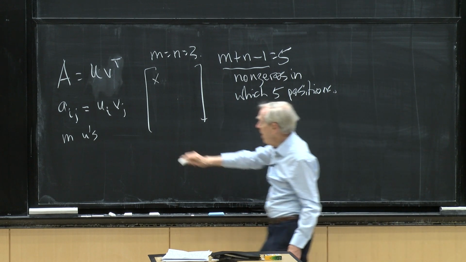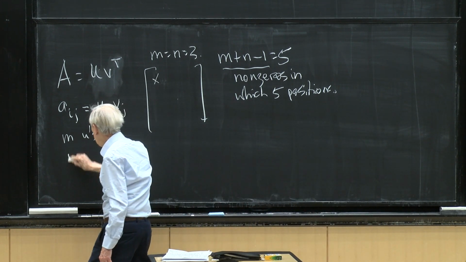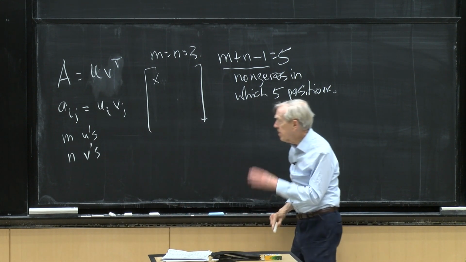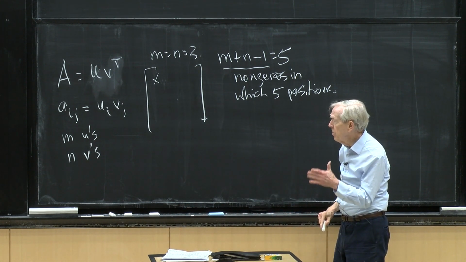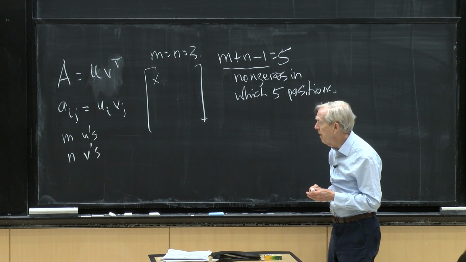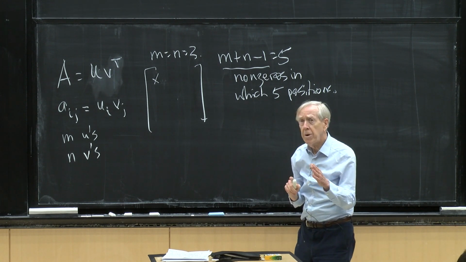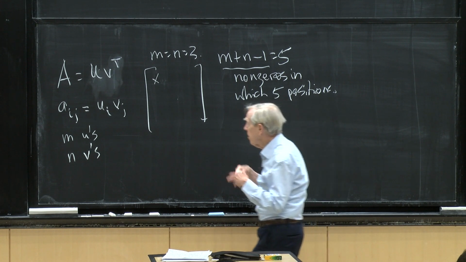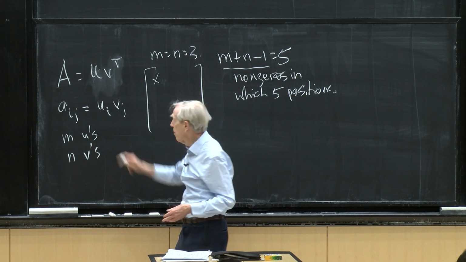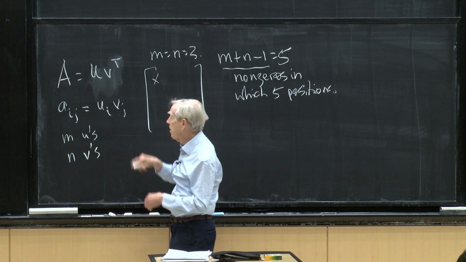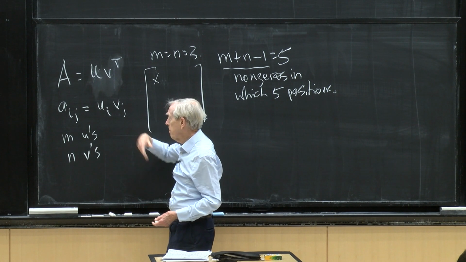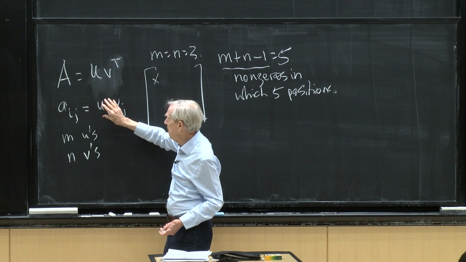Well, because I have M U's and I have N V's for a rank 1 matrix. I goes from 1 to M, J goes from 1 to N, so I have M plus N. But obviously I could require the first U to be a 1. In other words, when I'm multiplying those, there's 1 degree of freedom that is sort of repeated here.